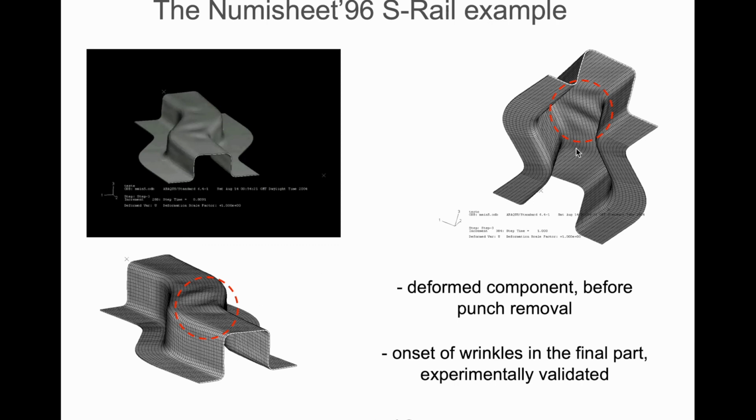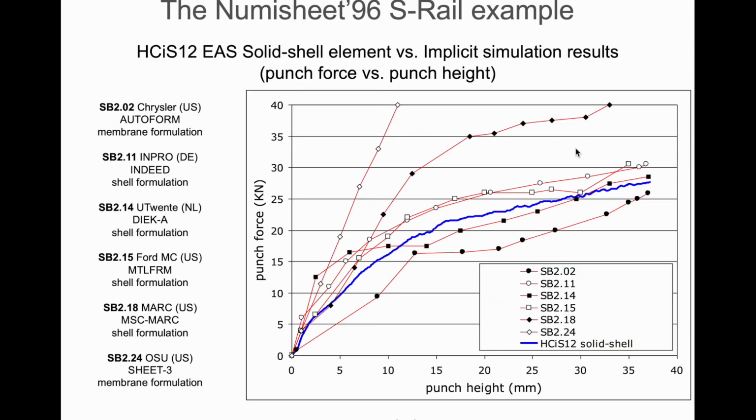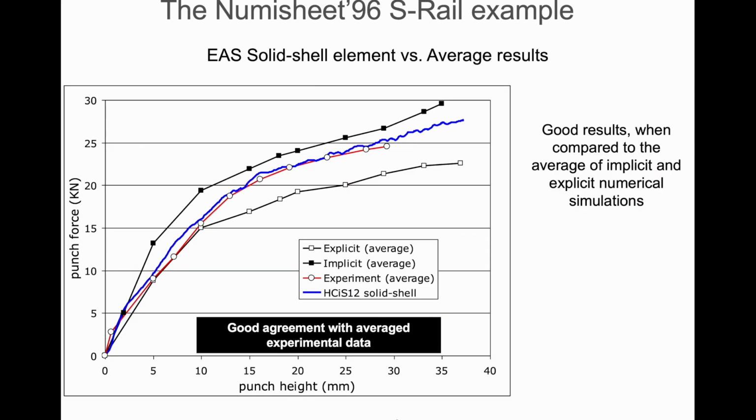When you go to this conference, you compare your simulation, in this case in terms of punch force and punch height, against other solutions. You can see these are some softwares from other companies or other universities. Our proposal was more or less in the average.